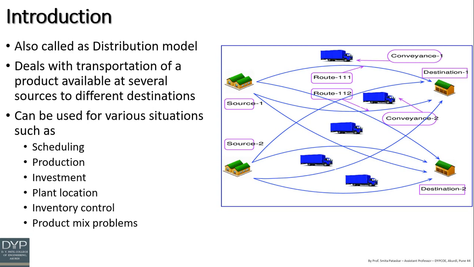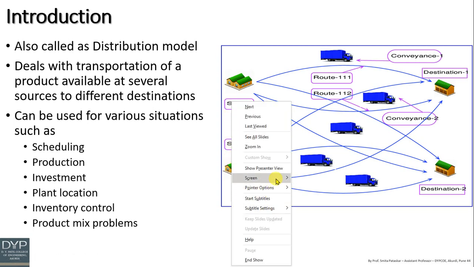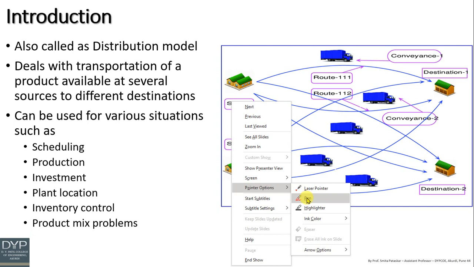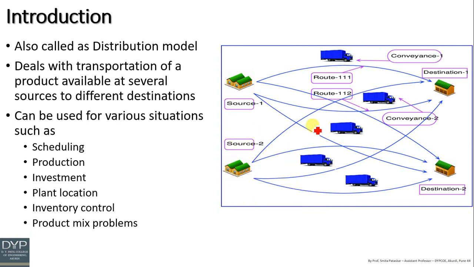Now this transportation model is also called a distribution model because it distributes the material or the raw material or maybe the finished products from one source to the destinations. As you can see in this particular figure, there are a number of sources and a number of destinations, and also there are various routes through which the material is being transported.